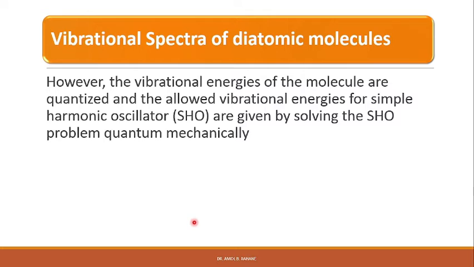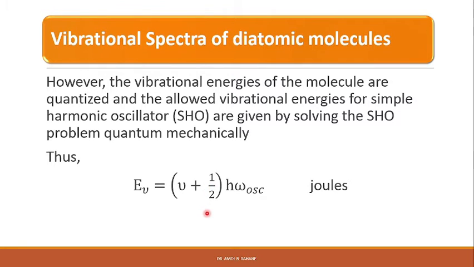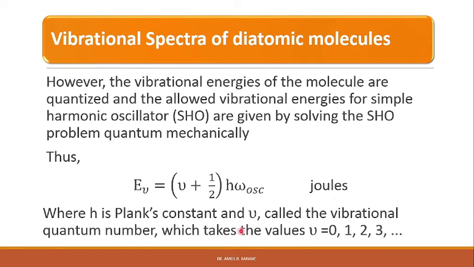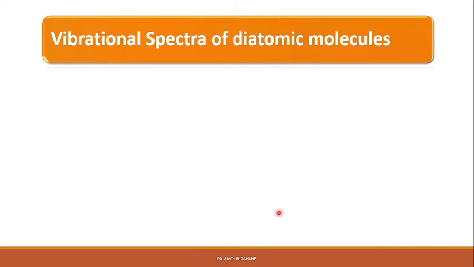However, the vibrational energies of the molecule are quantized, and the allowed vibrational energies for the simple harmonic oscillator are given by solving the SHO problem quantum mechanically. Thus, E nu is equal to (nu plus 1/2) h omega oscillations, which is in joules, where h is Planck's constant and nu is called the vibrational quantum number, which takes the values nu is equal to 0, 1, 2, 3 up to infinity.